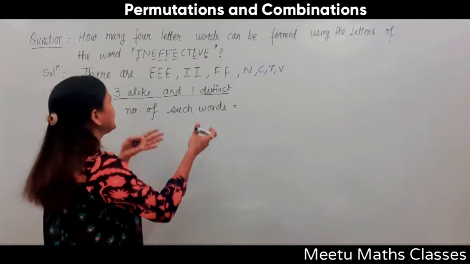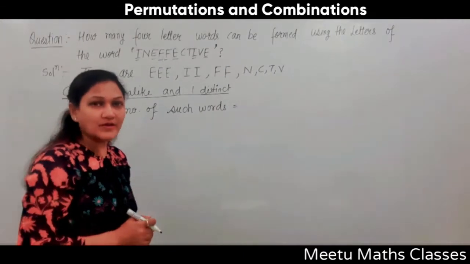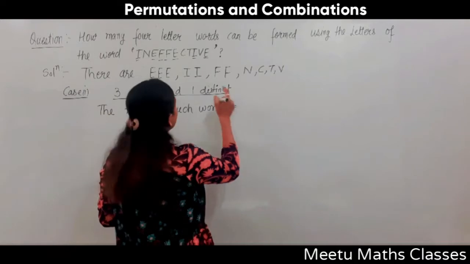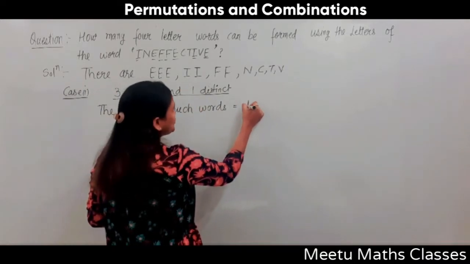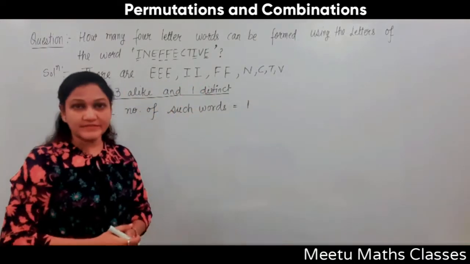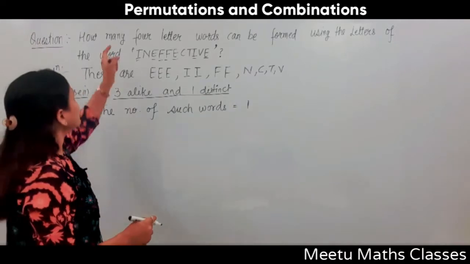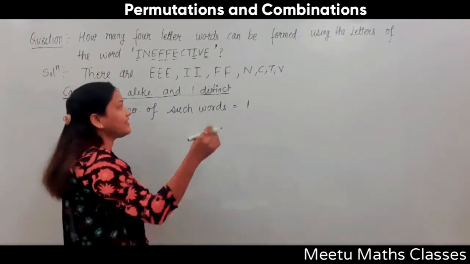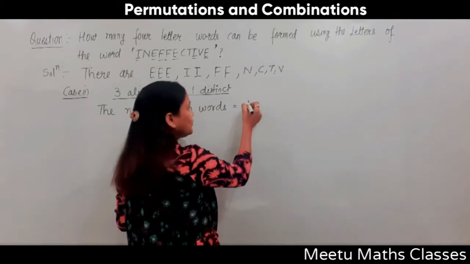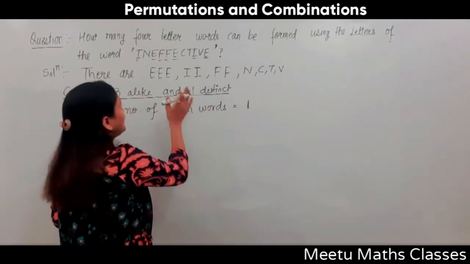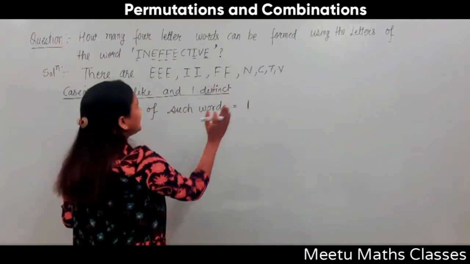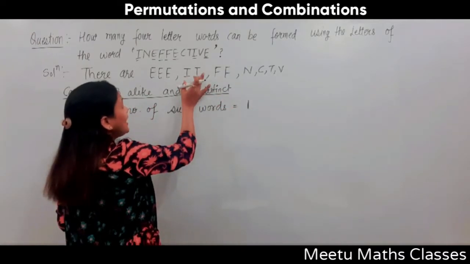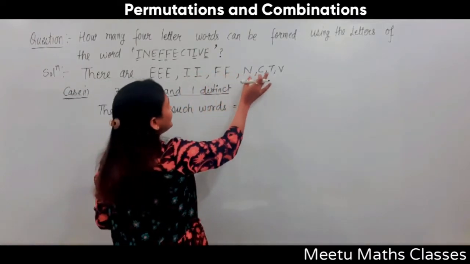So to choose 3 alike letters we have just one option. But we are supposed to find 4-letter words, so let us choose one more letter. These 3 letters are already selected. Now we have to choose one distinct letter.